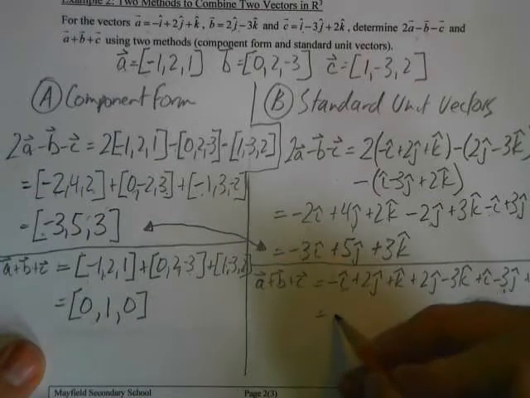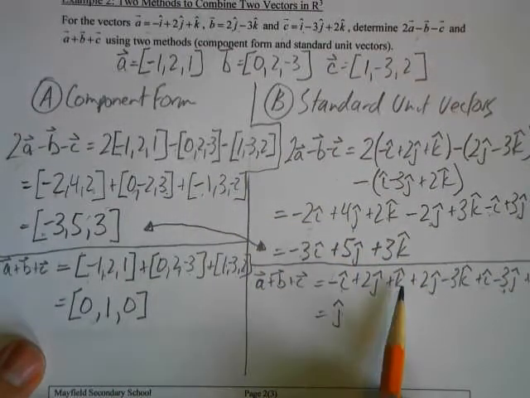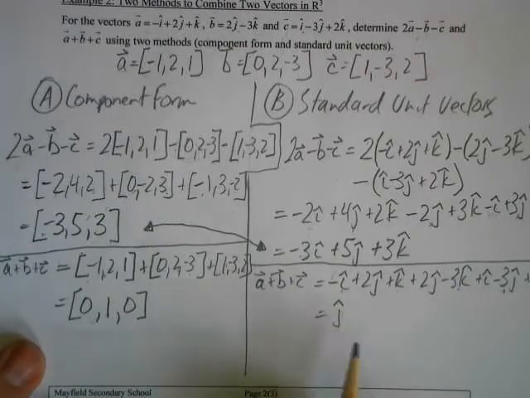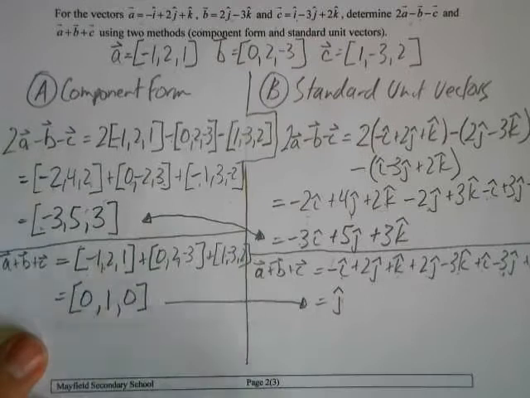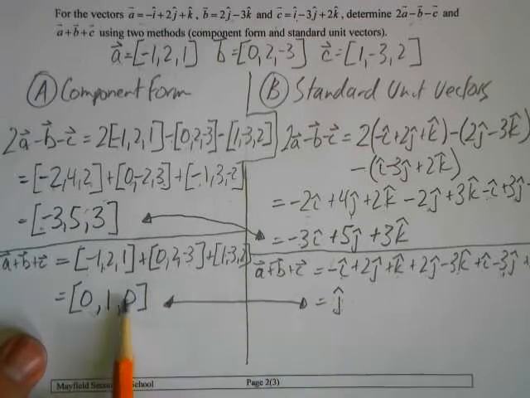So that leaves 1 J hat. And then K hat, we've got 1 minus 3 is negative 2, plus 2 is 0. So we're left with just J hat as our answer. And you can see that these two answers match up. They're equivalent because I've just got the one coefficient of 1 for the y component.